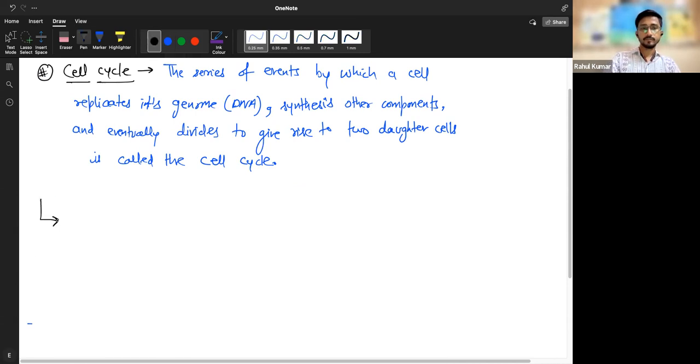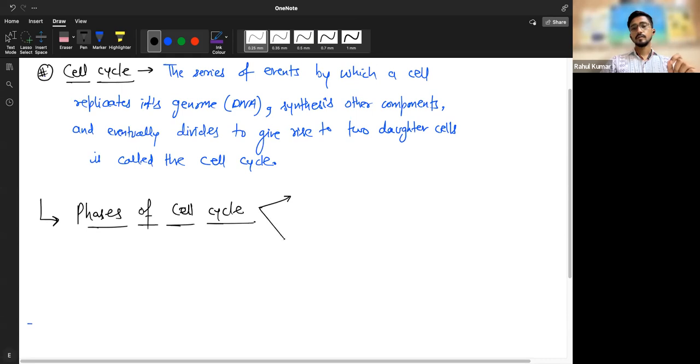So write down phases. Let's come to the phases. Now we will discuss many things in phases of cell cycle. Basically, you can divide it into two phases: when it is dividing and when it is not dividing.